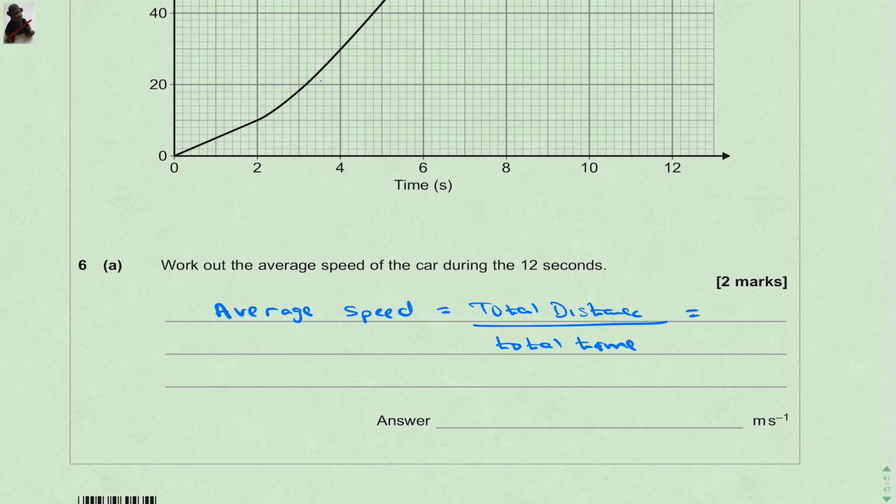In this case, total distance is 120 over 12. And that will give us, well, 12 cancel there, 1, 12 cancel there, 1. So that will become 10 over 1, which is 10. So the answer is 10 meters per second.